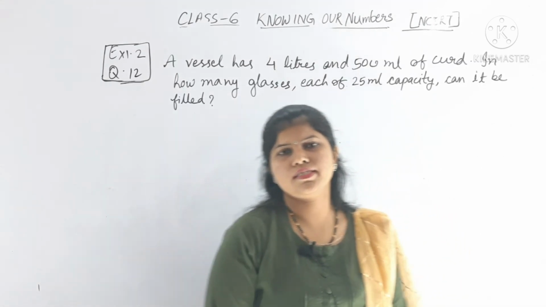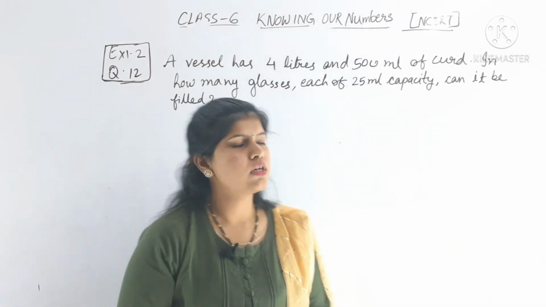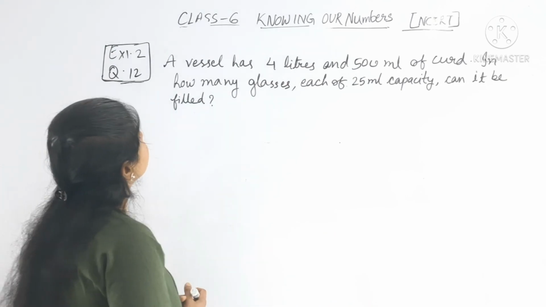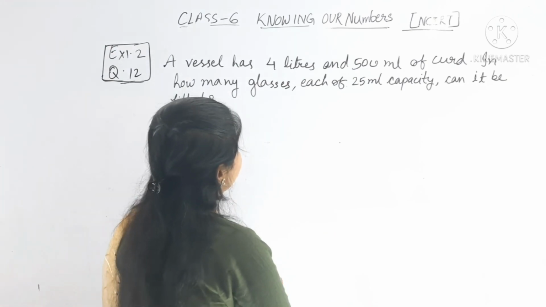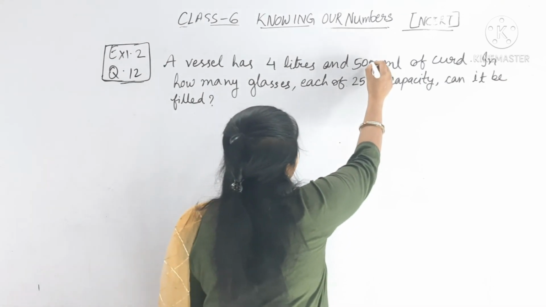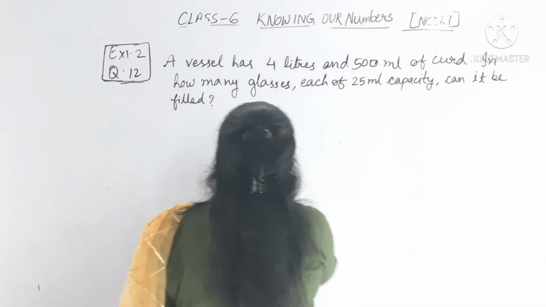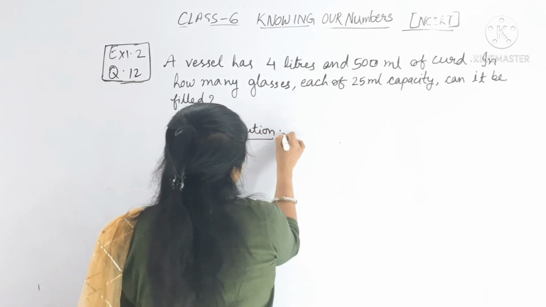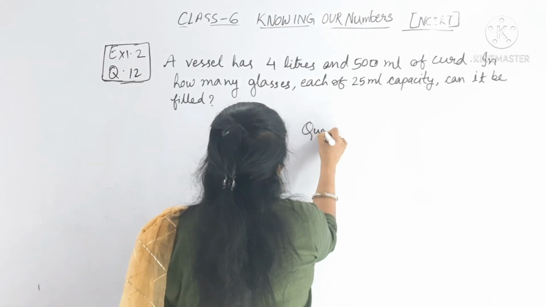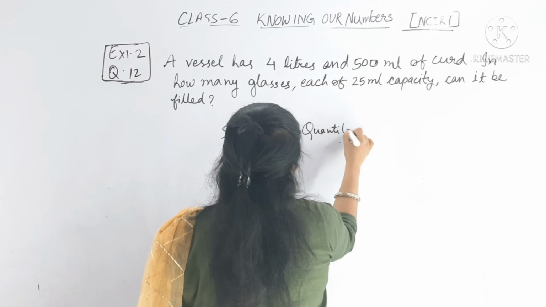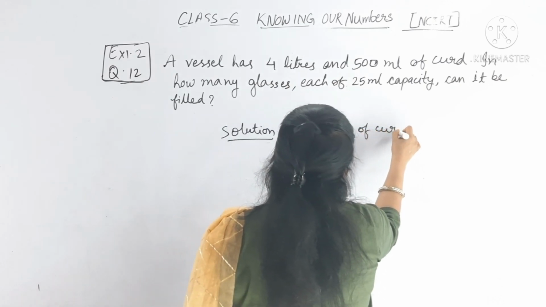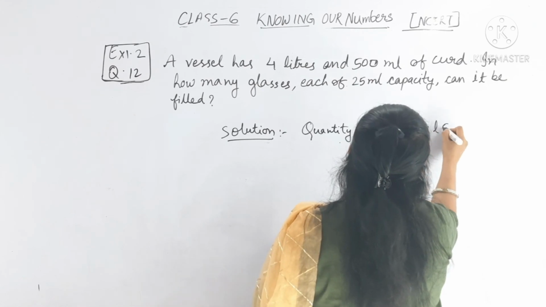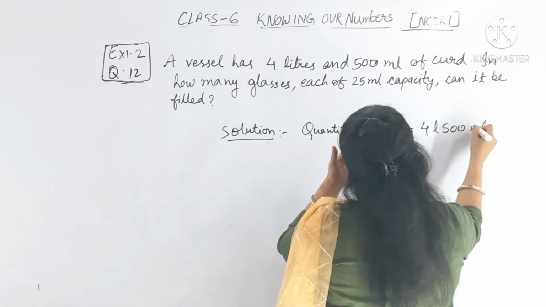Okay students, this is the last question of exercise 1.2, that is question number 12. Okay, what is the question? A vessel has 4 liters and 500 milliliter of curd. Okay, so given is quantity of curd is equal to 4 liter 500 ml.